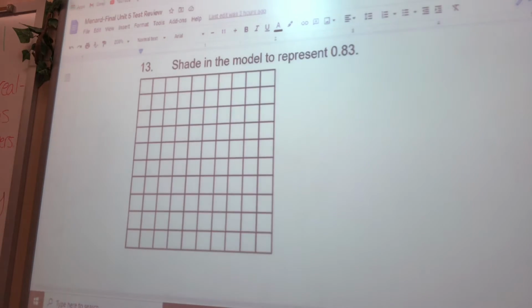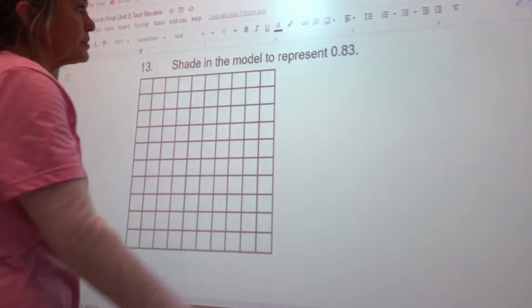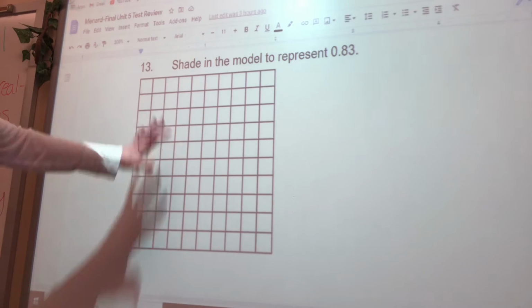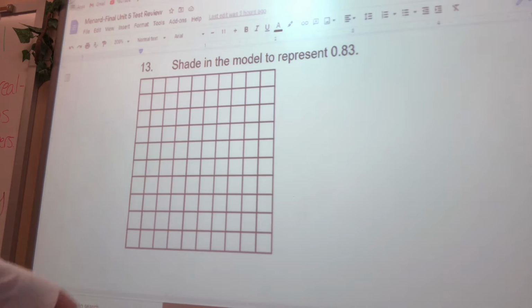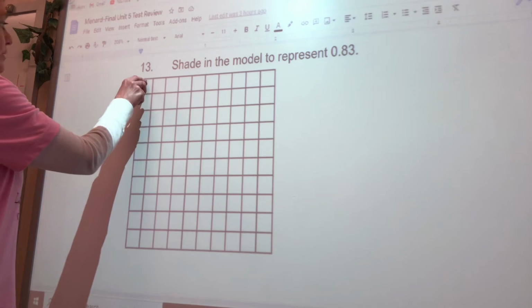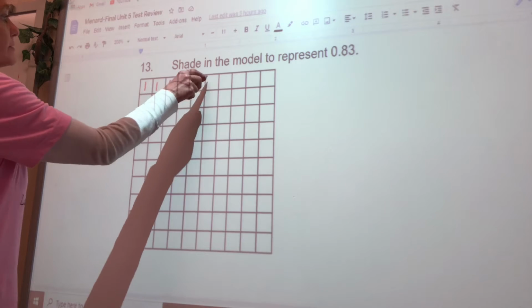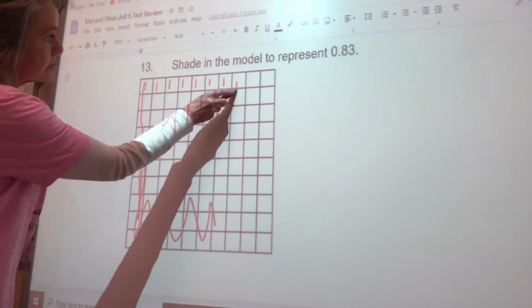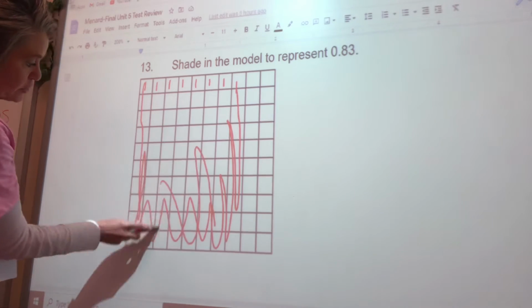Okay, shade in the model to represent 83 hundredths. Tenths, hundredths, 83 hundredths. Well, we know that this is a 100 square, and we know that each column is 10. So we would have 1, 2, 3, 4, 5, 6, 7, 8. This would give us 80 hundredths.